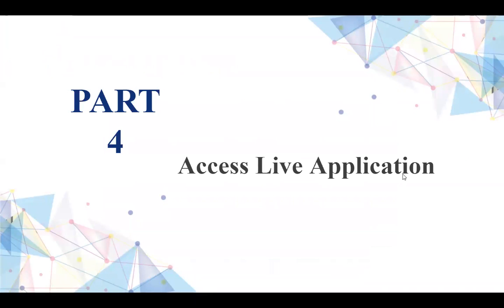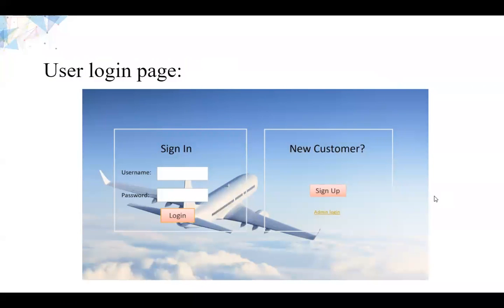Hello guys, I will talk about the Access live application. In our first page, the users have to use their username and password to log in to our system. They can also sign up.